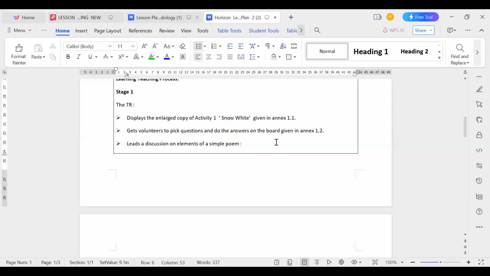Your voice is lagging. Illustrate means drawing a picture.